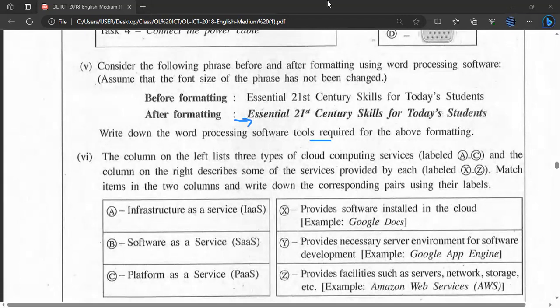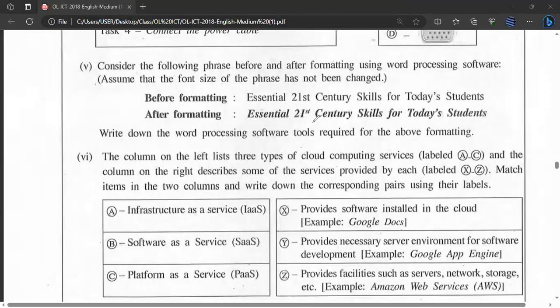So the answer is going to be bold, italics, superscript. Right. You can say it is bolded and also the letters are in italics, and this is what superscript is.